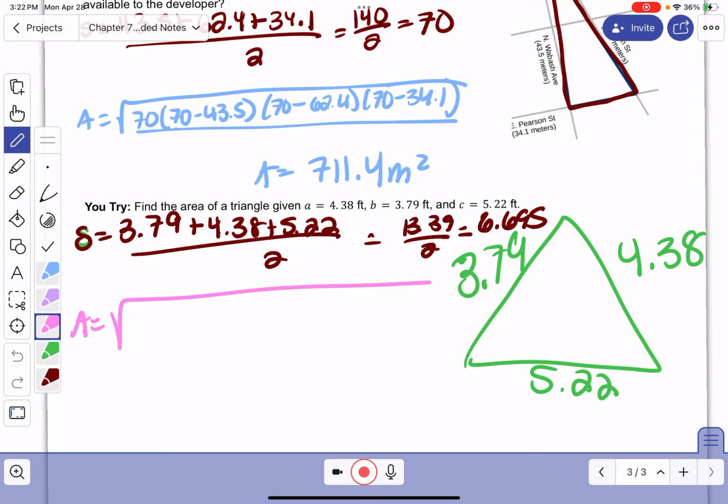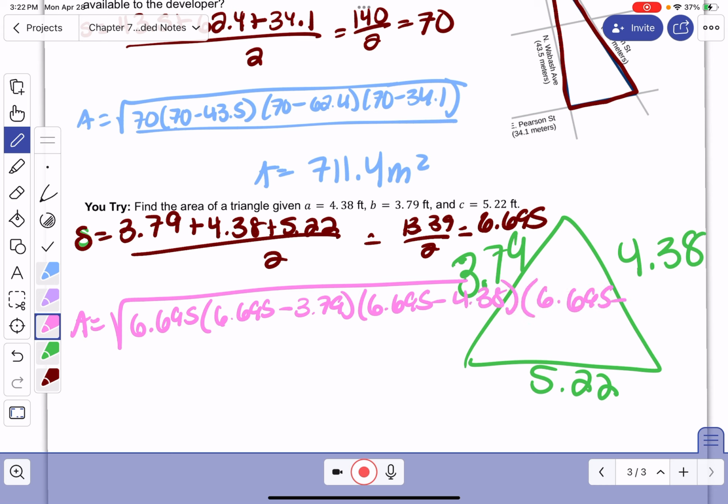And then area, 6.695 times 6.695 minus 3.79 times 6.695 minus 4.38 times 6.695 minus 5.22. Put that in the calculator, you get 8.1 feet squared. So that was what you needed to know from 10.2. Let me know if you have any questions.